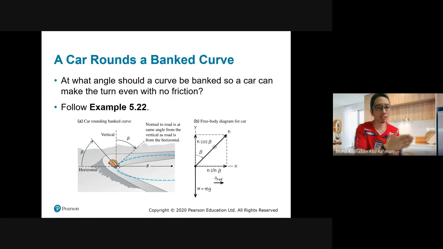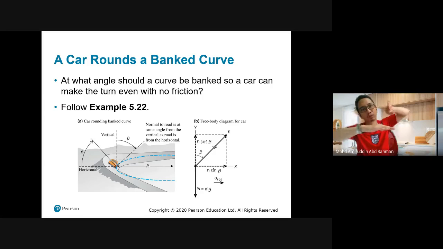If you know about NASCAR racing, we have that kind of banked track. So we have the normal force, the radius R over there, and the car making an angle. Let's say this is the track.